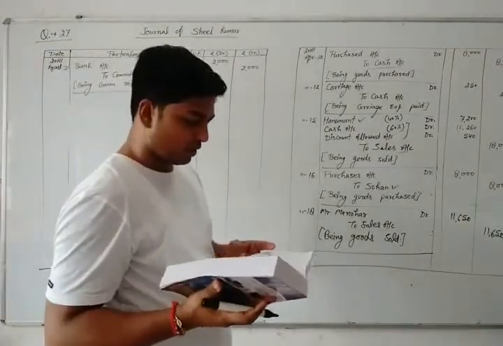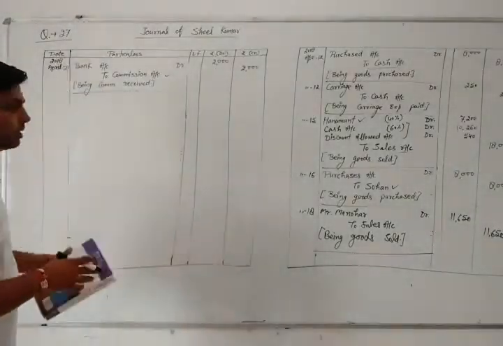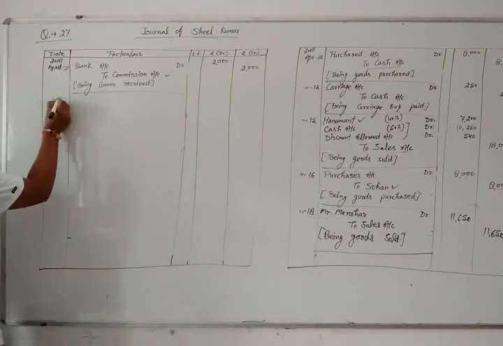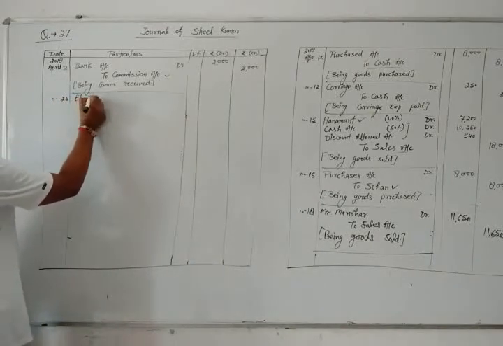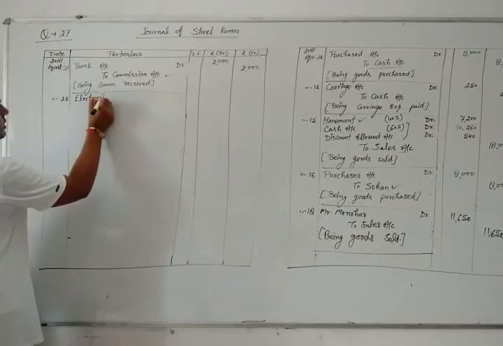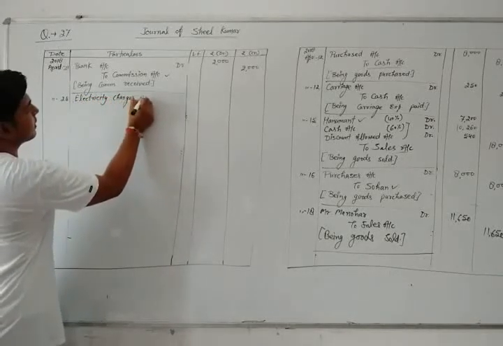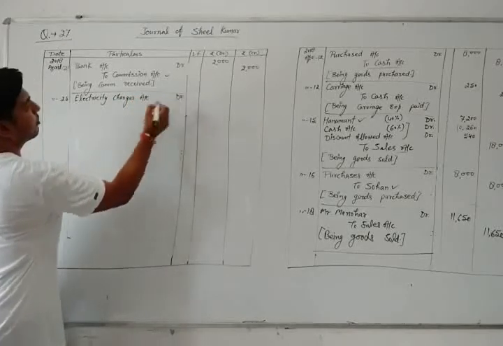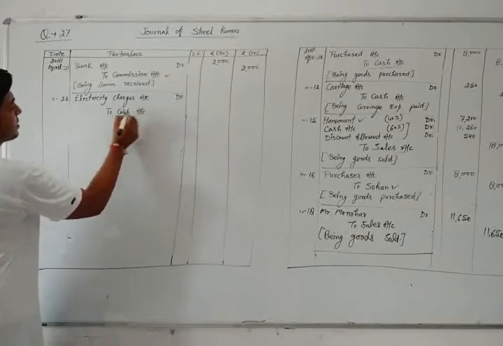Next, on date 25, paid electricity charges. Anything paid means expenses, and expenses are debited. So electricity charges debit. And if we are paying something, definitely what goes out from the business is cash.